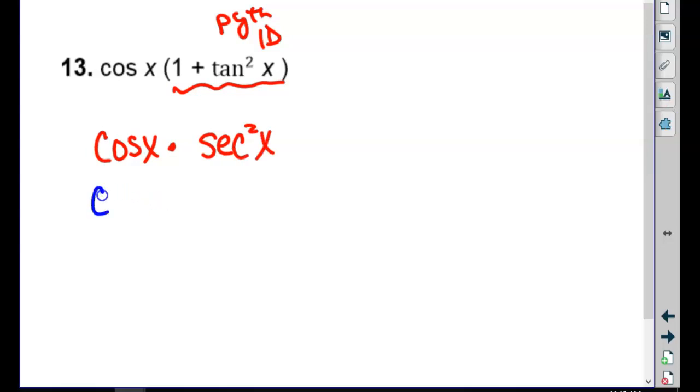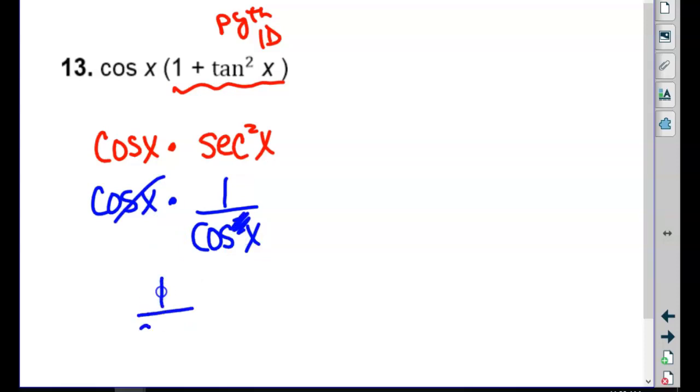What is a secant squared? 1 over. So a secant squared is a 1 over cosine squared. What happens then? We can divide out one of the cosines, but we still have what?